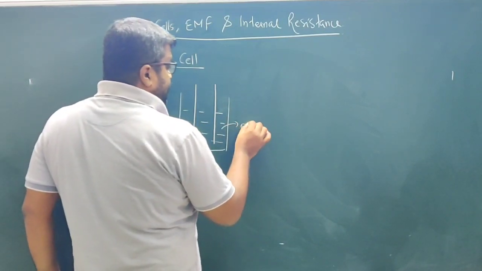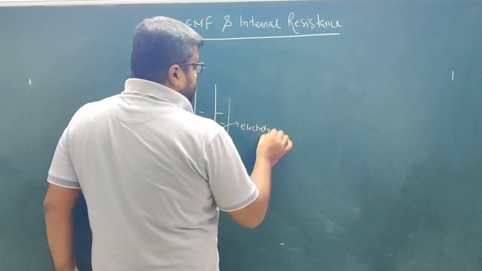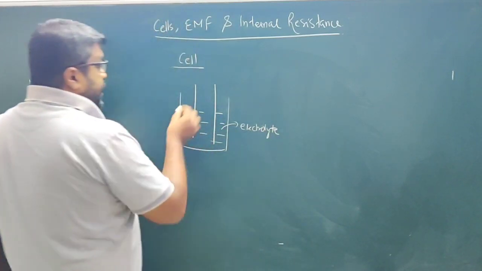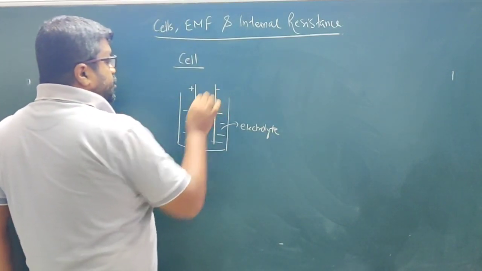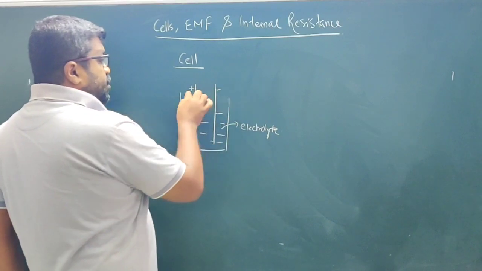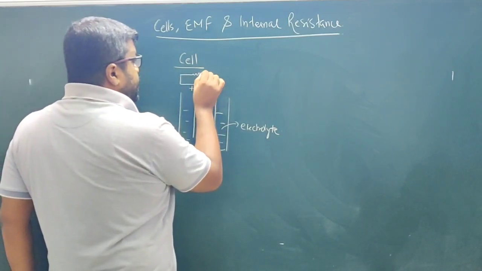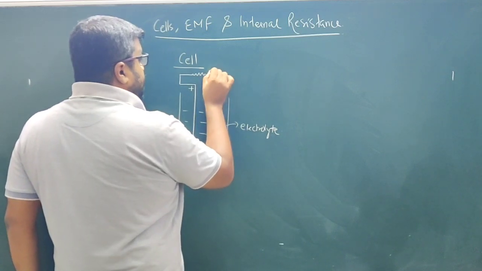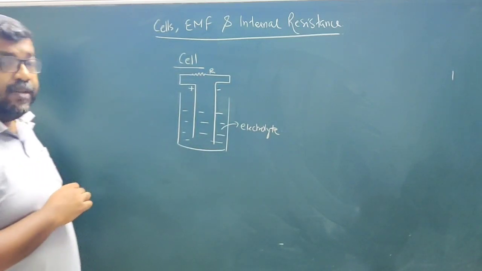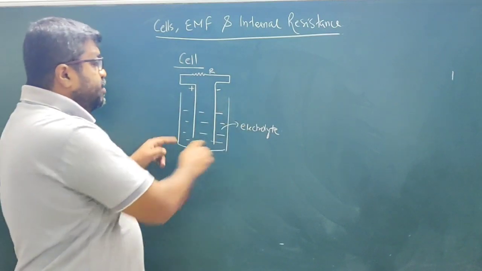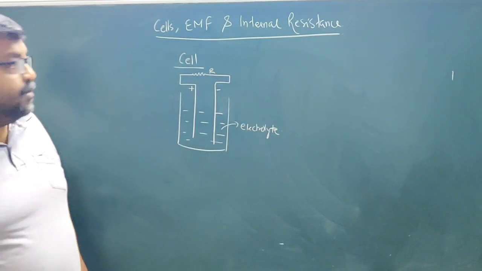So this is the electrolyte and these are the two electrodes having positive potential and negative potential, and suppose this is connected to some external resistance R. So this arrangement is called a cell.